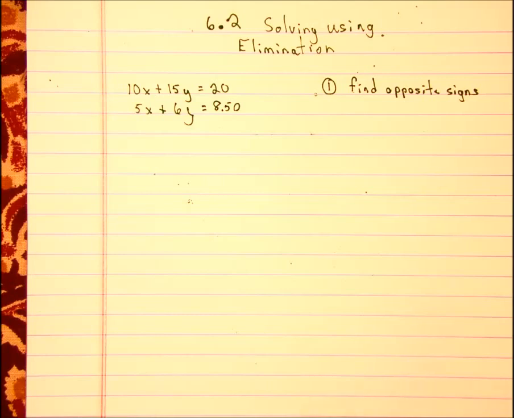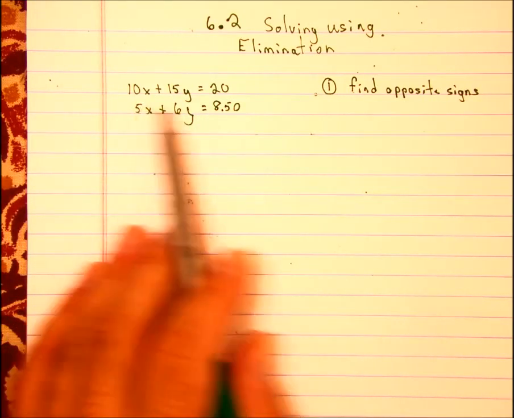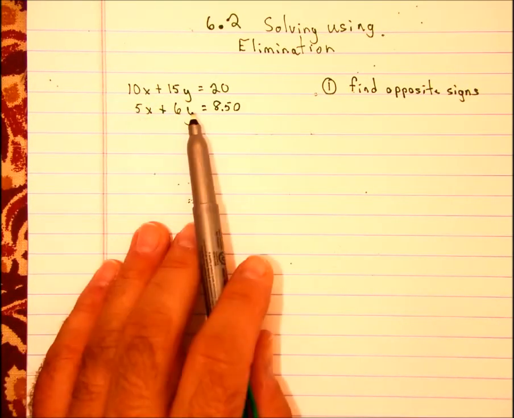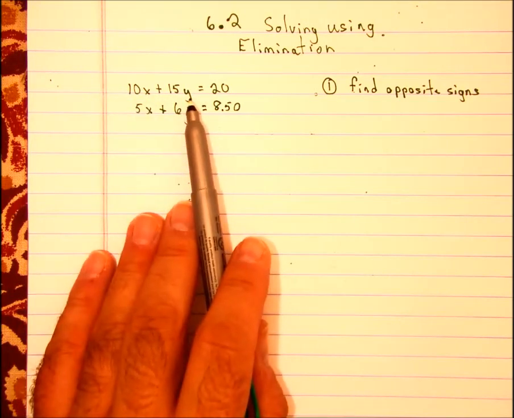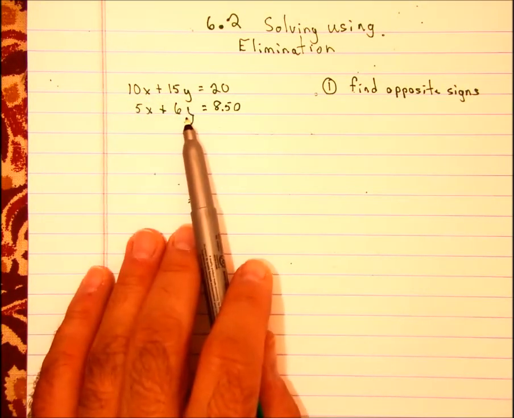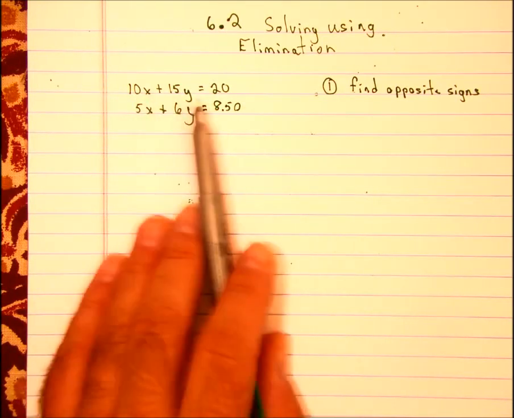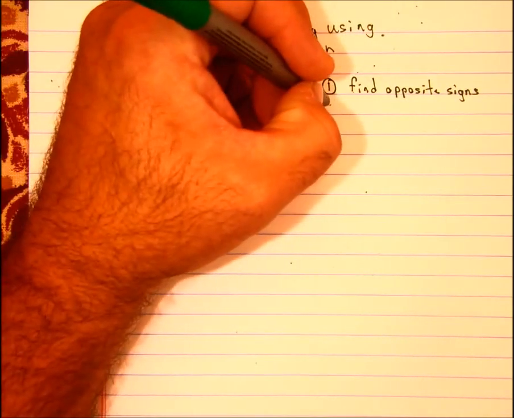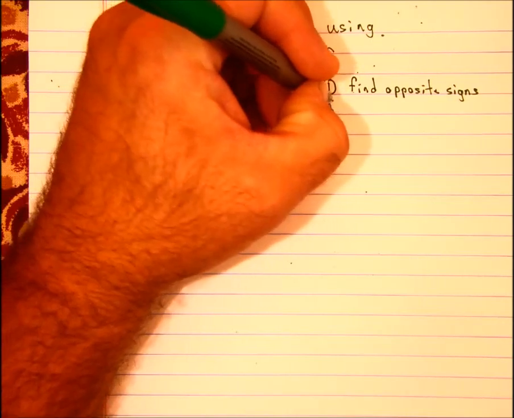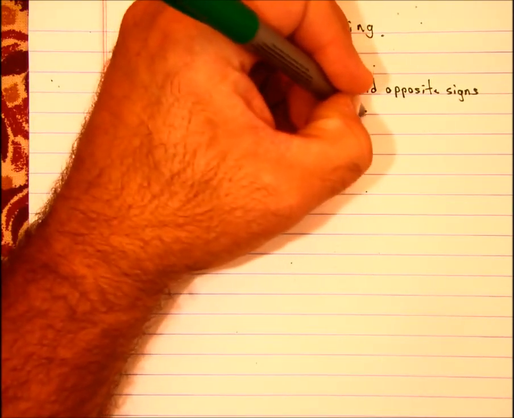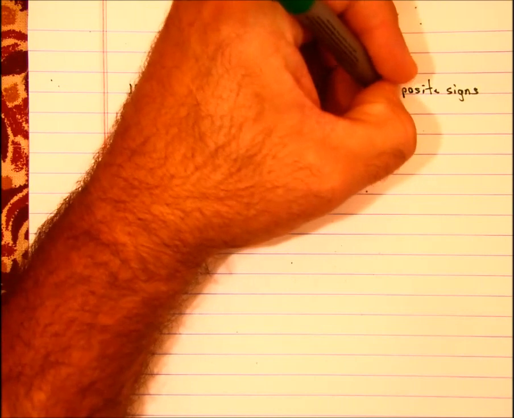So when I'm looking in this problem, do any of these have opposite signs? That means the x and the y. Well, this is 10x and 15y, and this is 5x and 6y. These don't have any opposites. So I don't have anything that's opposites. Second, make opposites.